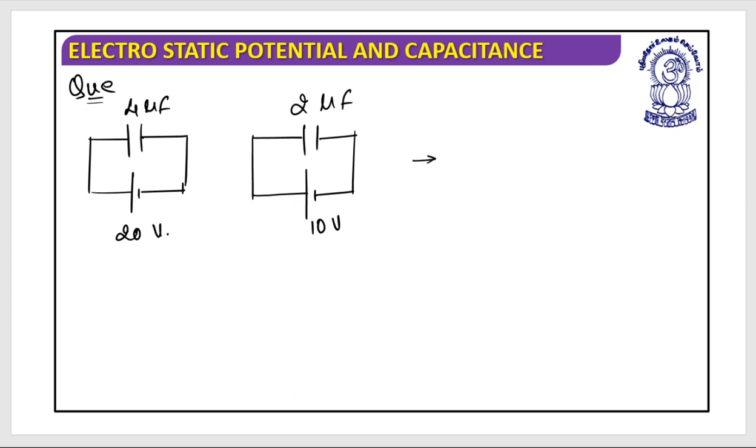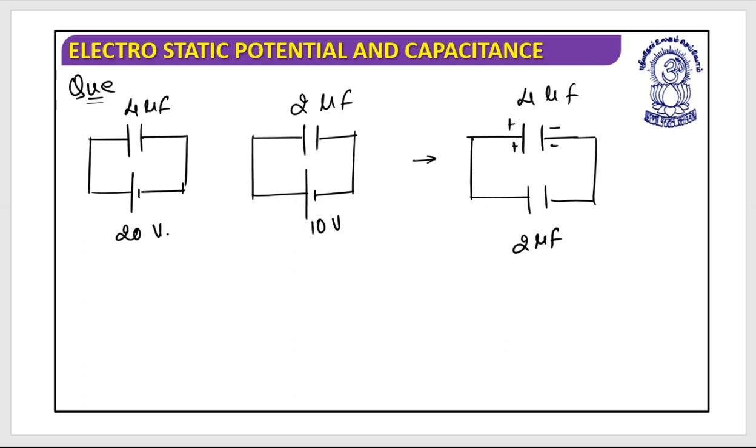Now this is the situation: this is the 4 microfarad capacitor, this is its positive plate, this is its negative plate, and this is the 2 microfarad capacitor, but this is its negative plate and this is its positive plate.